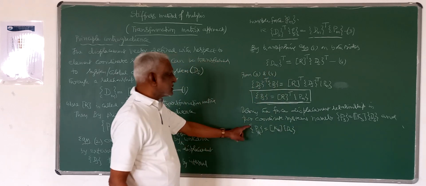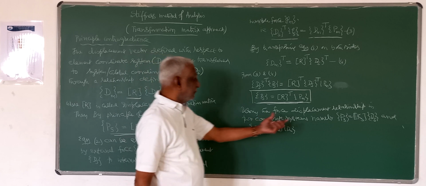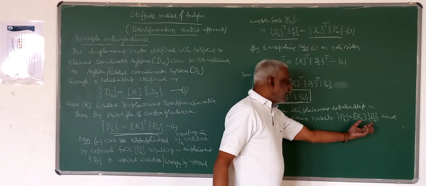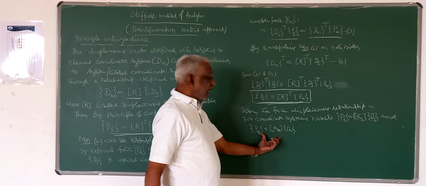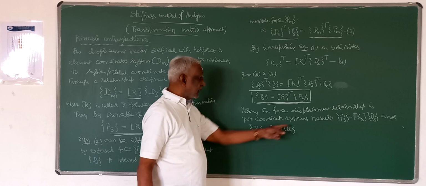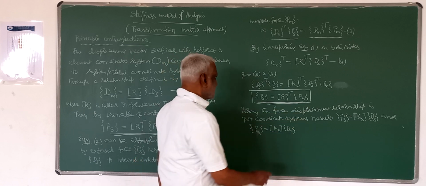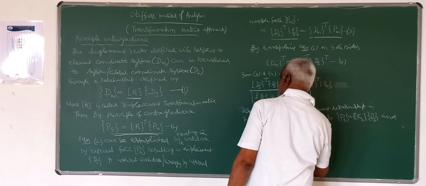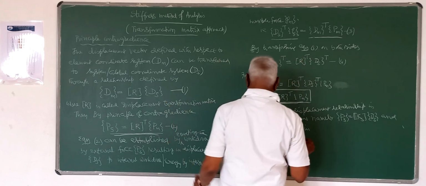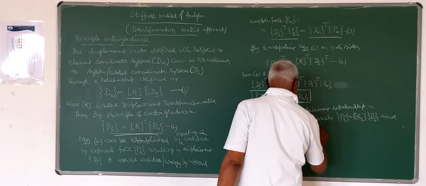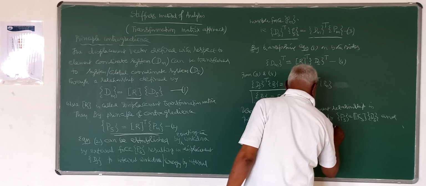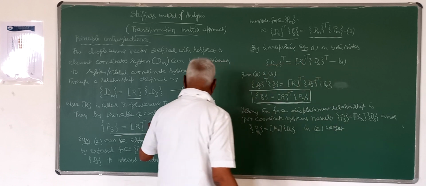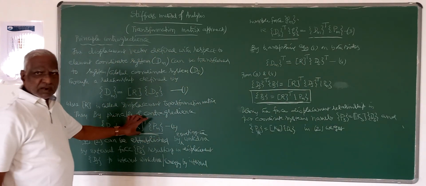So using this force displacement relationship, which has been defined in the global coordinate system and local coordinate system, from these two equations we get the result. Now I have established this equation 2 by the principle of contragradients.